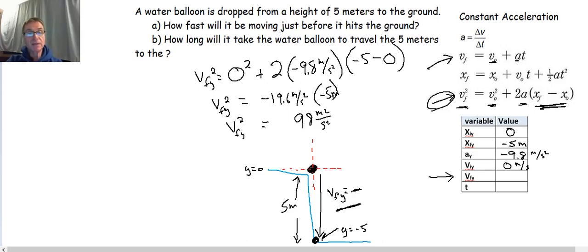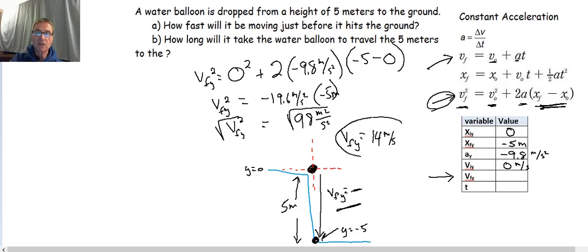So now finally, to get v final in the y dimension, I'm going to take the square root of both sides, and v final in the y direction turns out to be 14 meters per second. So when our water balloon hits the ground, or just before it hits the ground, it will be traveling at 14 meters per second.